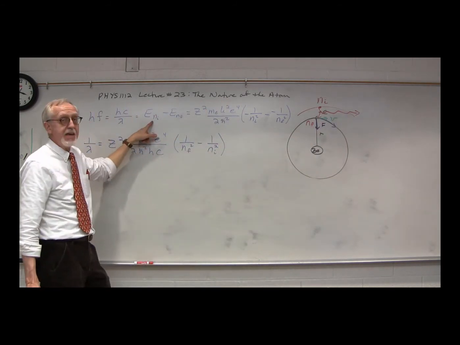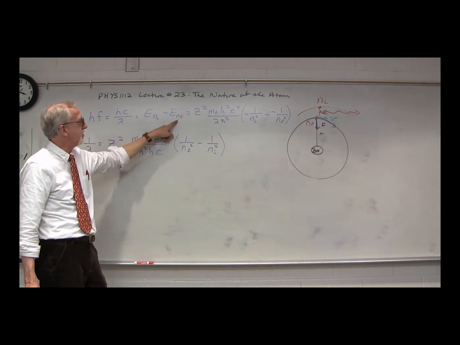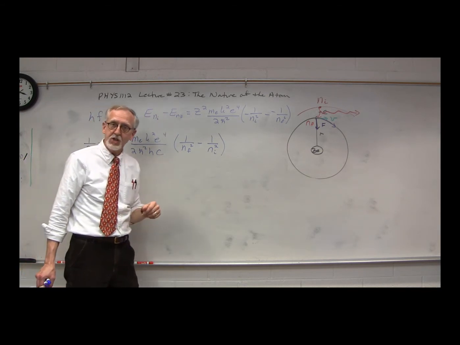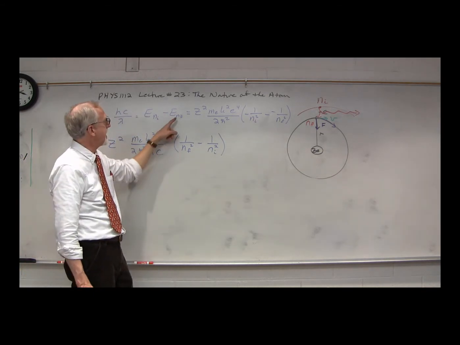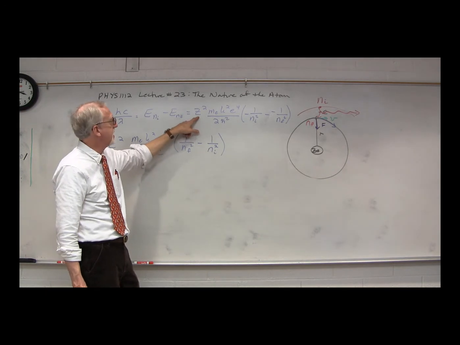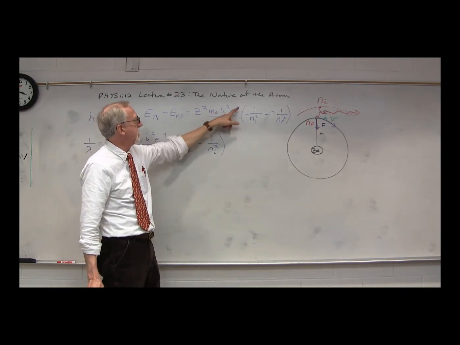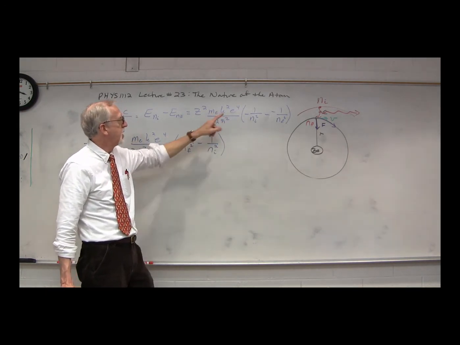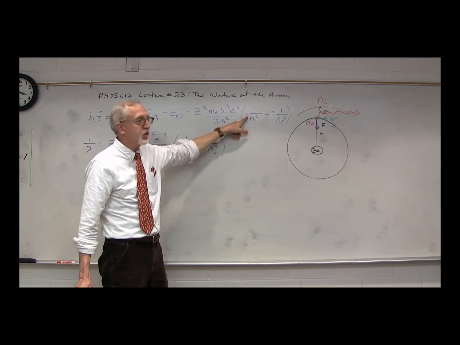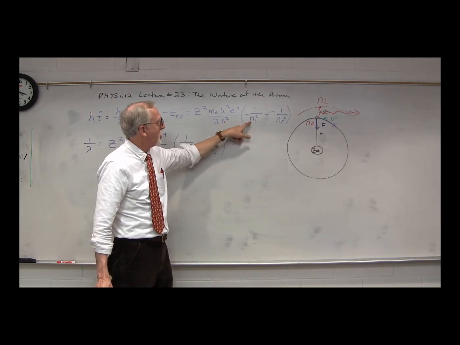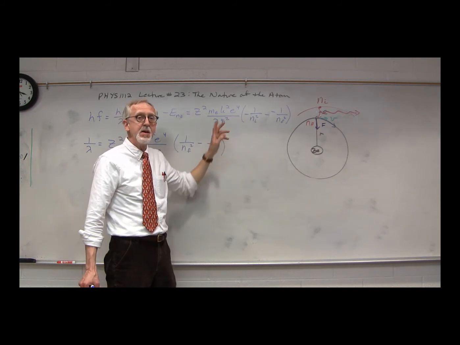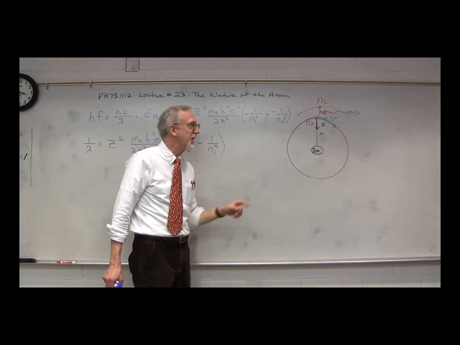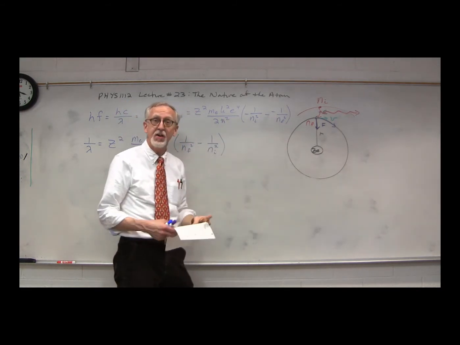So E_n initial minus E_n final, well, using the equation that we just had from the last board, that'll be that preliminary constant, Z squared m_e k squared e to the fourth over 2ħ squared, times, so the initial one will be negative 1 over n_initial squared, and then minus the value with n_final, and that's negative 1 over n_final squared.